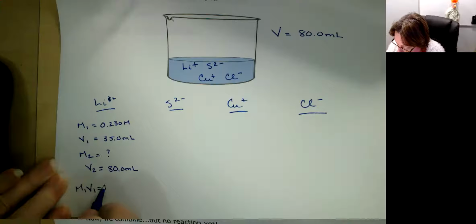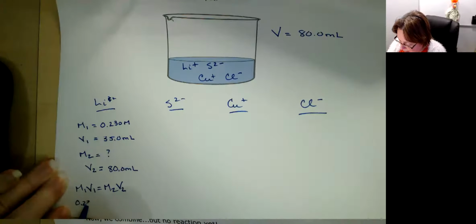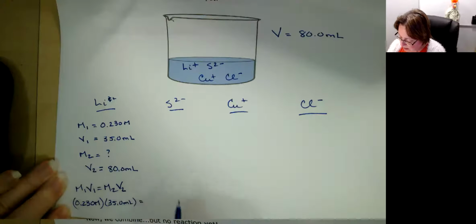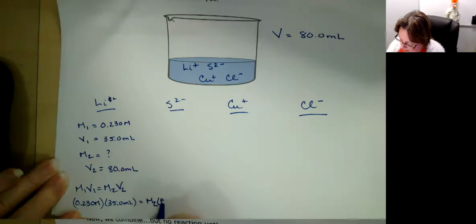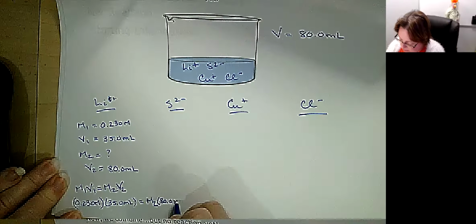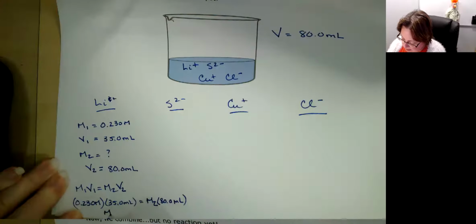M1 V1 equals M2 V2. And we can leave our volume units in any unit we want as long as it's the same on both sides. And so we'll just leave it in milliliters. Equals M2, which is what we're looking for, and V2 is 80.0 milliliters.